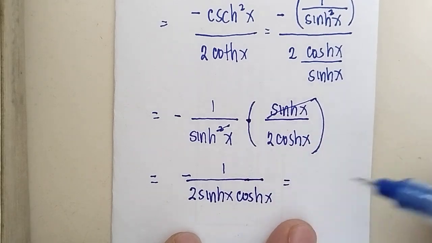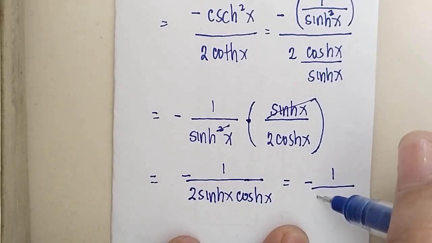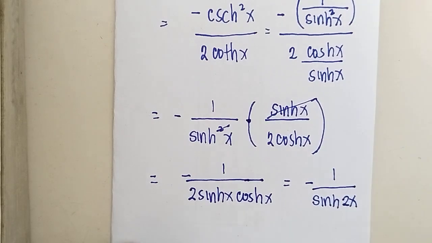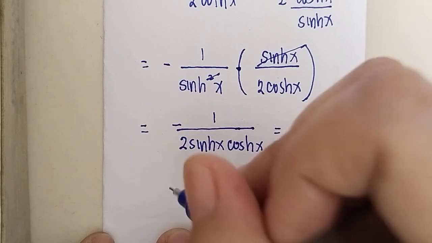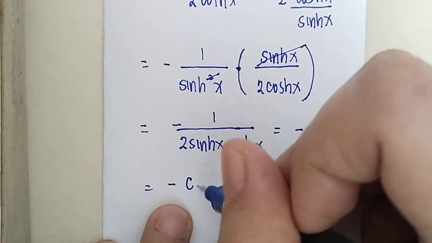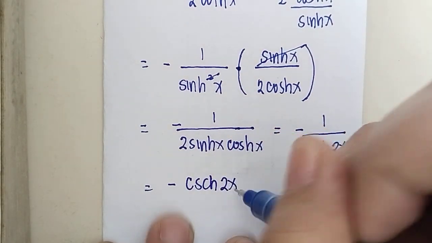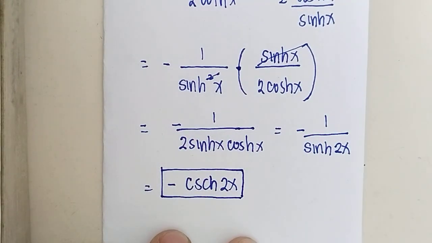If we recall, there is an equivalent: hyperbolic sine of twice the angle. Our angle is x. Then, 1 over hyperbolic sine is simply equal to hyperbolic cosecant of the angle, in this case 2x. So, the simplified version will be this one.